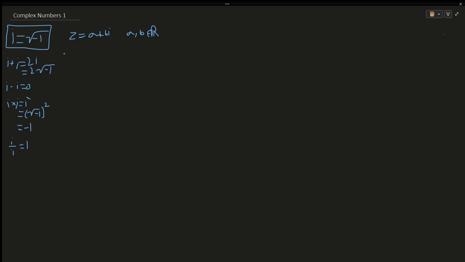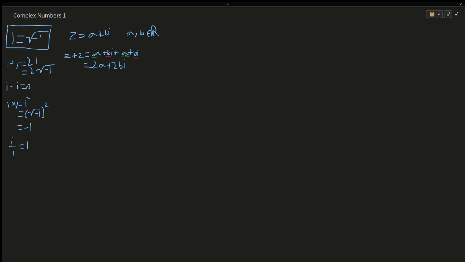So for instance, let's just have z plus z. This would be written out as a plus bi plus a plus bi. Now we want to put like terms together. All the real terms, which would be a, are together, so that's 2a, and the imaginary terms are together, so that's 2bi.